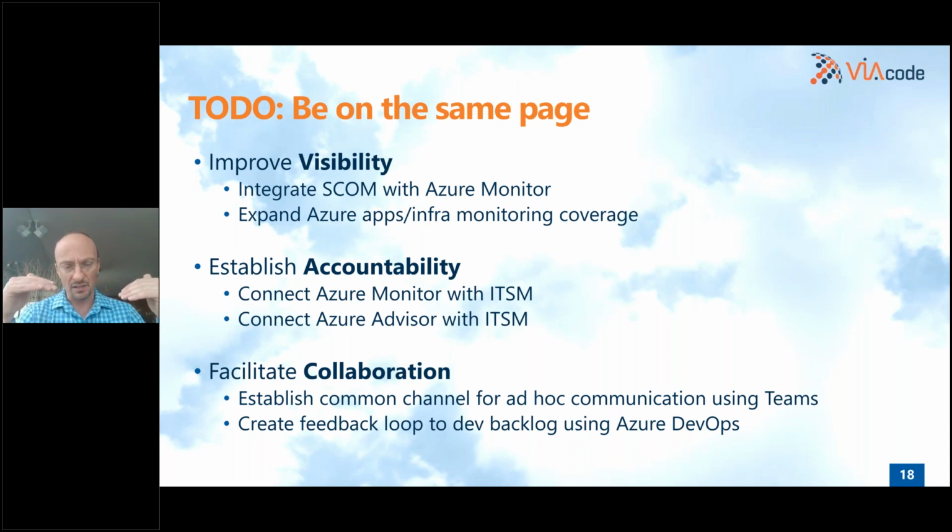And last but not least, once you have everything integrated, you need to facilitate a collaboration environment. And we see that establishing such a collaboration environment inside Teams has helped a lot of customers speed up mean time to resolution, incident resolution time.